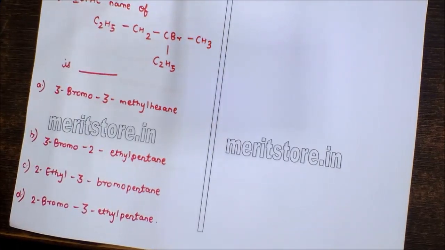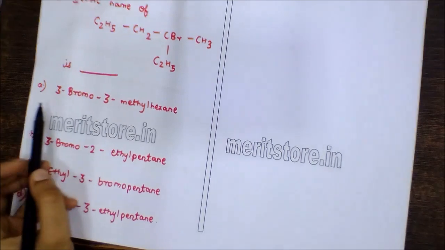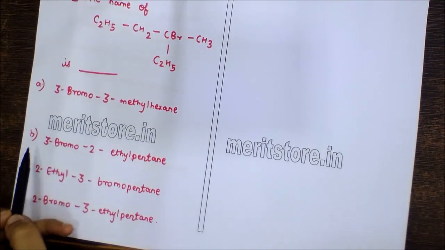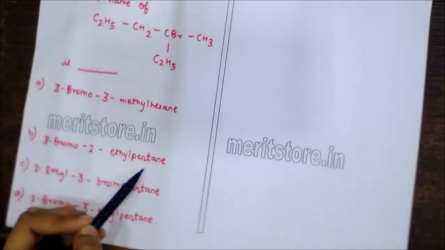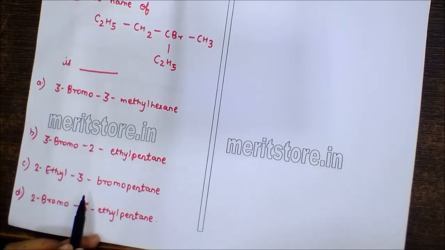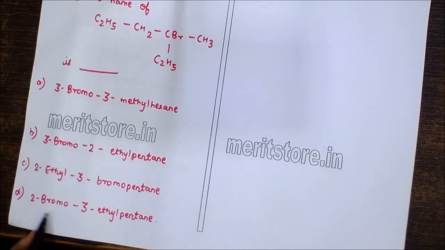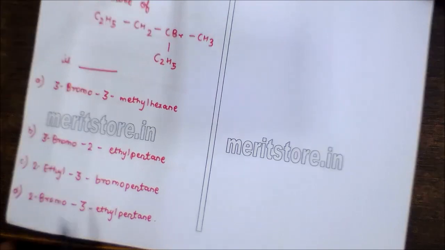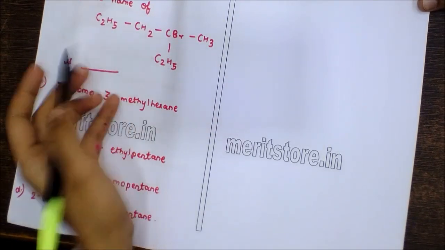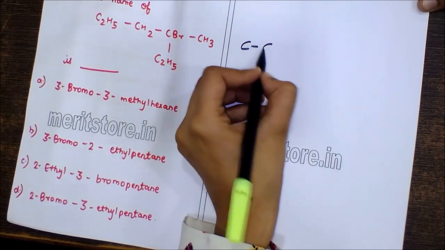Question 25. IUPAC name of this compound is A. 3-bromo-3-methylhexane, B. 3-bromo-2-ethylpentane, C. 2-ethyl-3-bromopentane, D. 2-bromo-3-ethylpentane. So over here, first let me write this in the carbon chain form.